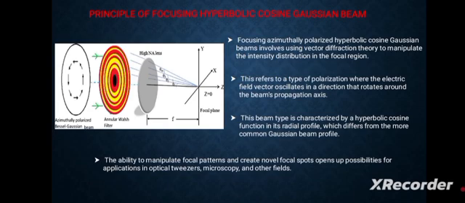This beam type is characterized by a hyperbolic cosine function in its radial profile, which differs from the more common Gaussian beam profile. The ability to manipulate focal patterns and create novel focal spots opens up possibilities for applications in optical tweezers, microscopy, and other fields.